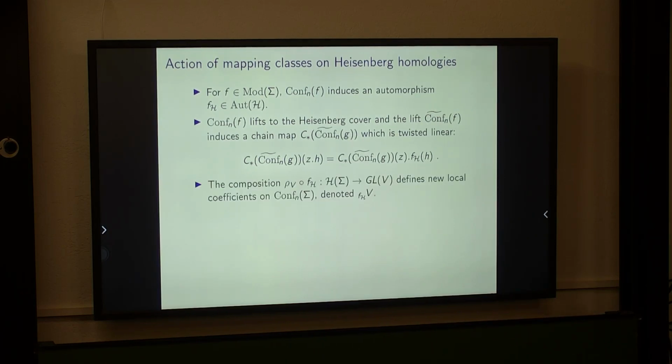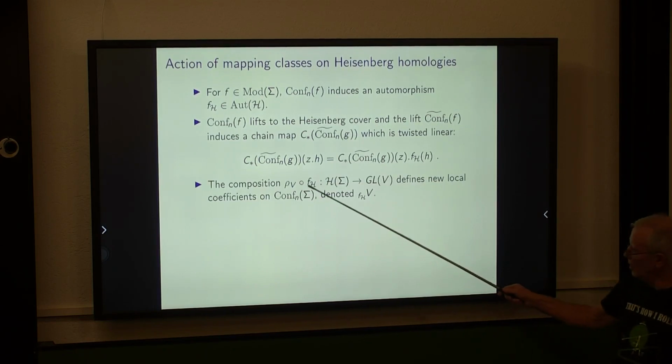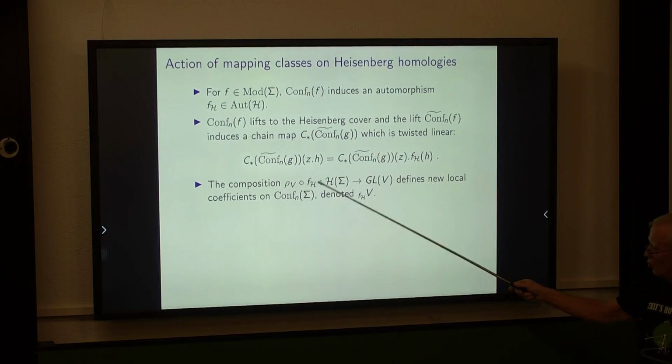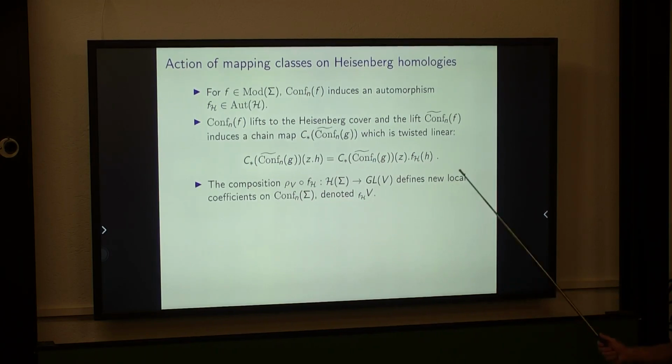And you can compose your local system given by your representation with this automorphism. This is one delicate point here: you will change the local system. It's natural to denote this local system with f_H as an index on the left, meaning that when you take the representation, you pre-compose with this automorphism.